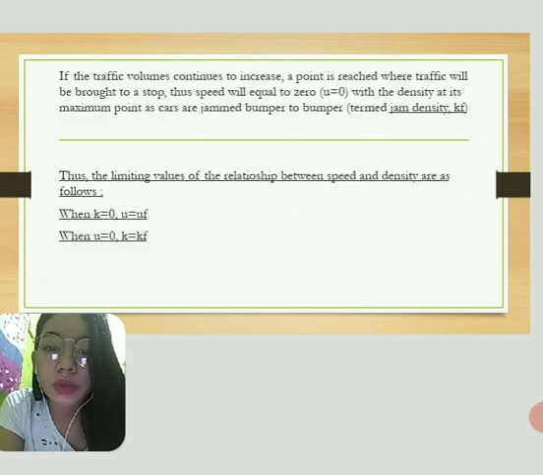If the traffic volume continues to increase, a point is reached where traffic will be brought to a stop.